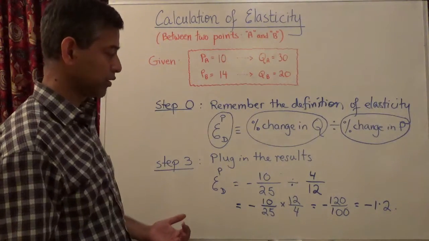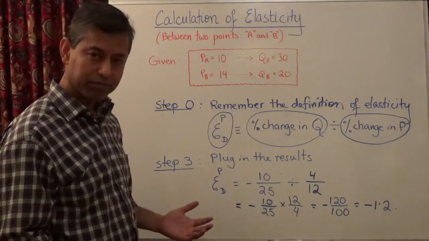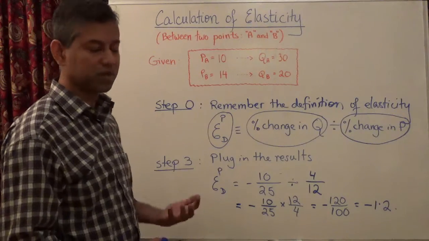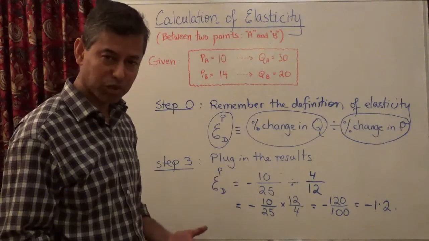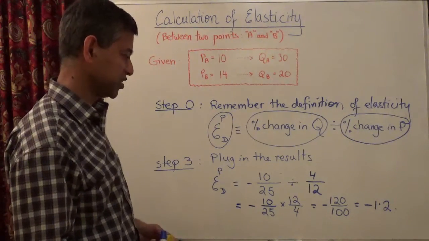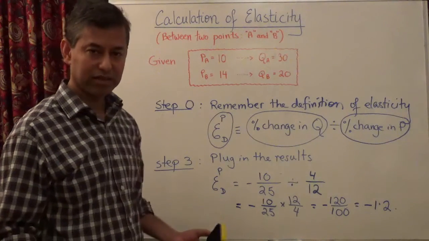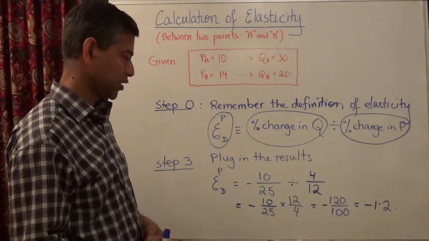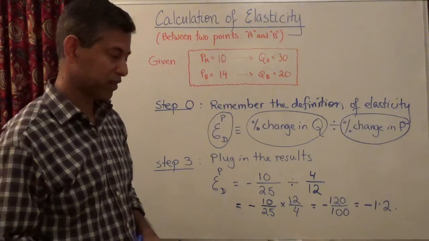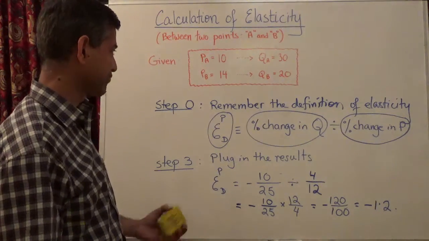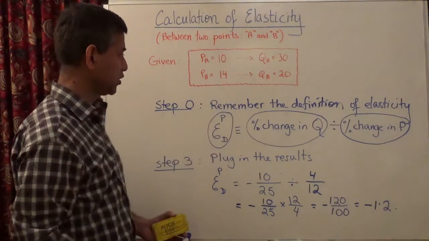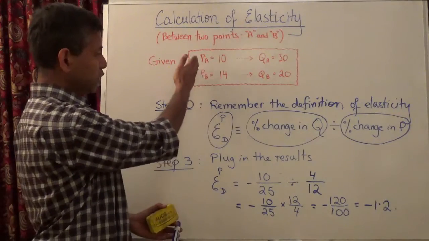If the number were below 1 with a negative sign in the front, then that would have said that quantity response would have been proportionally smaller compared to the initial price change. If the number is exactly 1, then that captures unitary elasticity, where the price movement and the quantity movement are proportional.